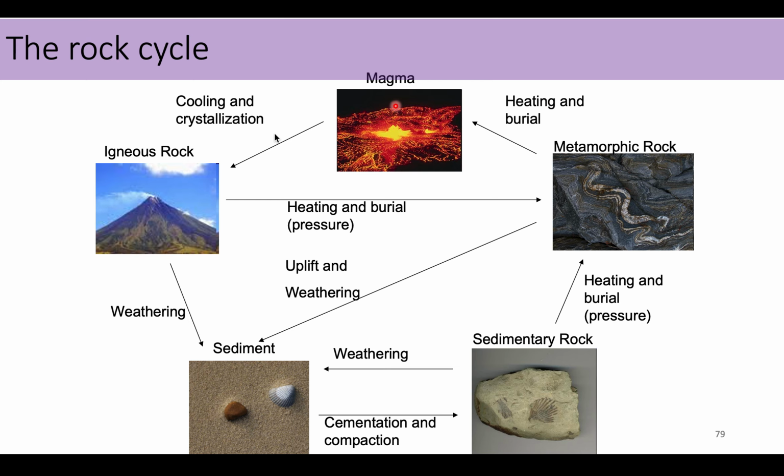We're constantly creating more of one type of rock from another type of rock, or melting and reforming igneous rock, heating and high pressure to create metamorphic rock, or weathering to create sediments, which will eventually compact into sedimentary rock. We are going to talk extensively about each element of the rock cycle in the coming weeks.